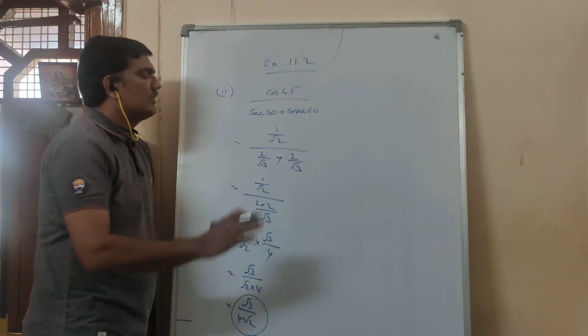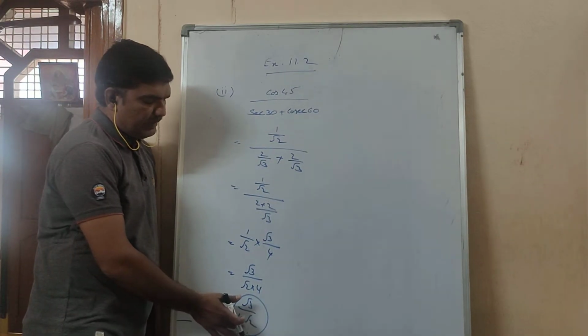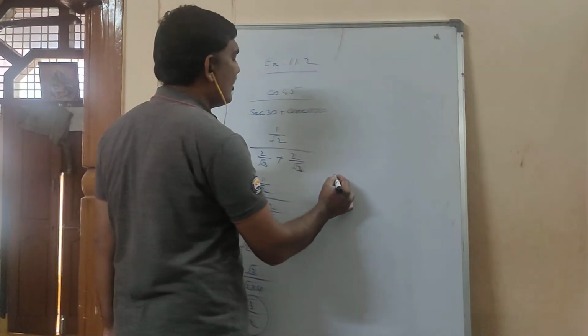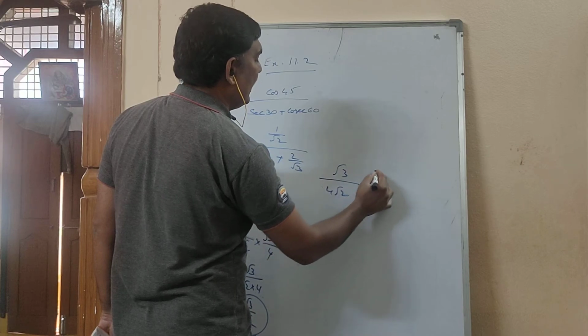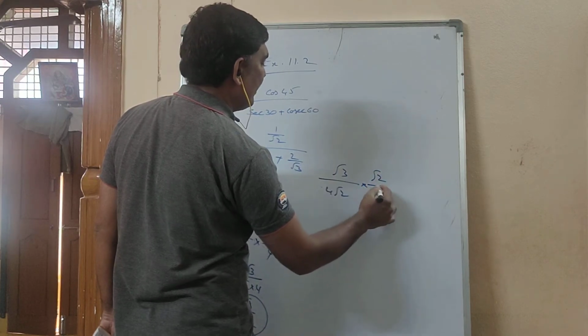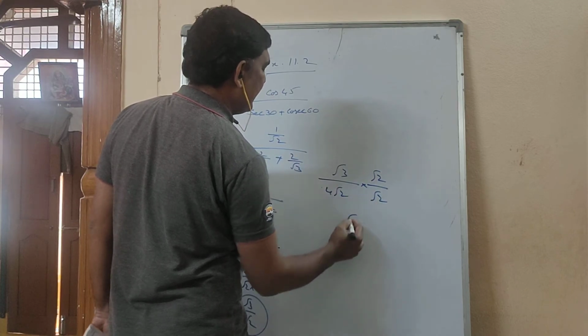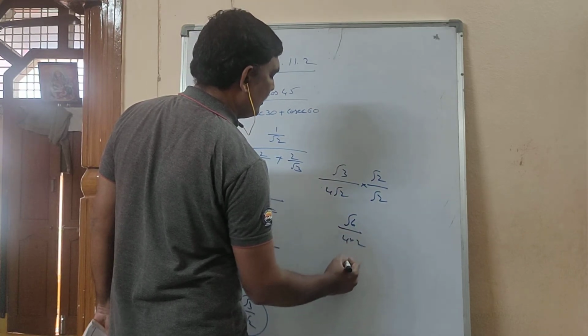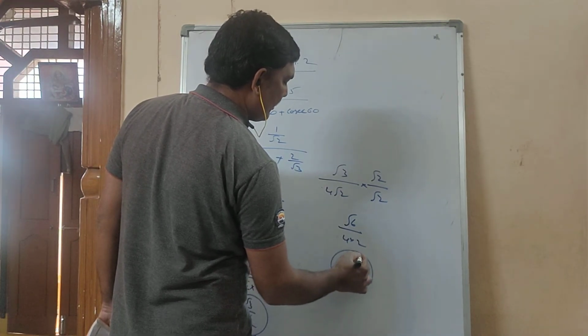Okay, like this you have to simplify these entire problems. You can leave like this or rationalize the denominator. Root 3 by 4 root 2 is there. I have to multiply with root 2 and root 2 in the denominator and numerator. Then it becomes root 6, and here it becomes 4 into 2, means root 6 by 8.